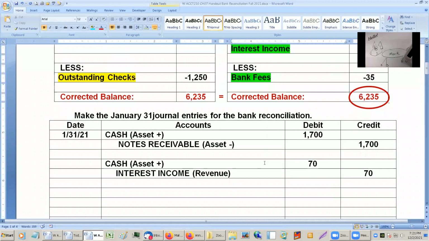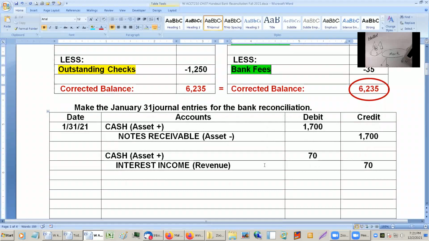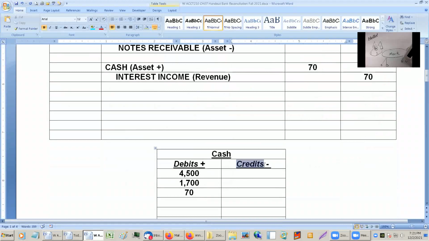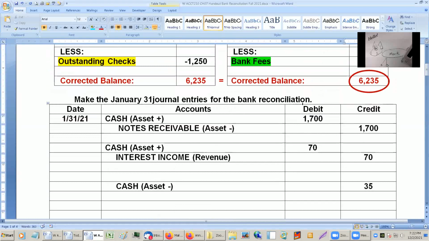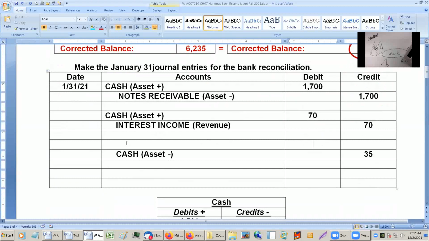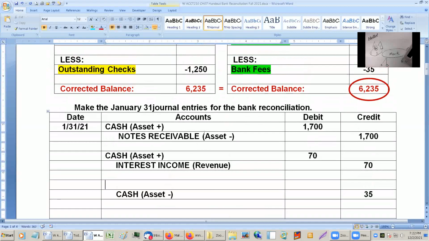Bank fees. Is our cash going up or down? Down. So it'll go down with a credit. Again, you have to put this asset going down thing in there. So is it 30? Yeah. And probably something like bank fees expense, maybe.